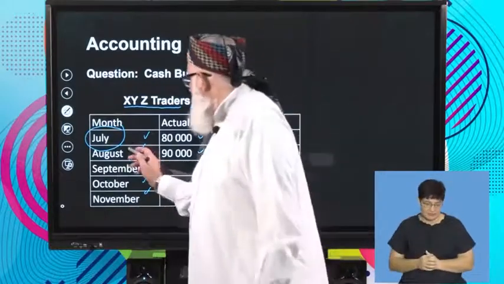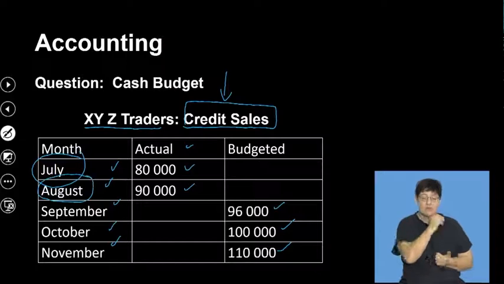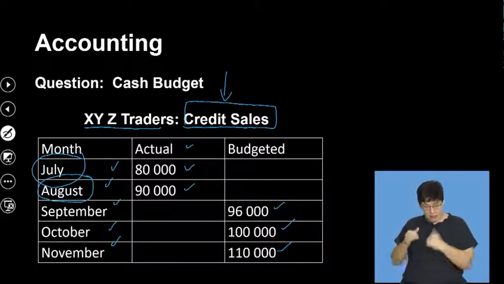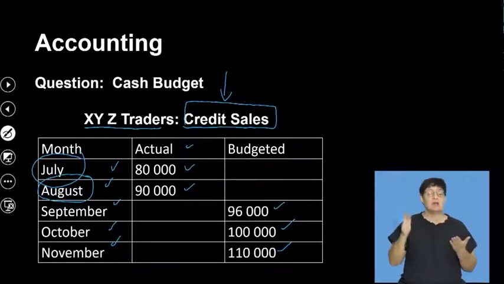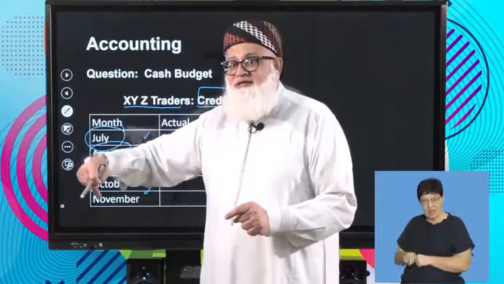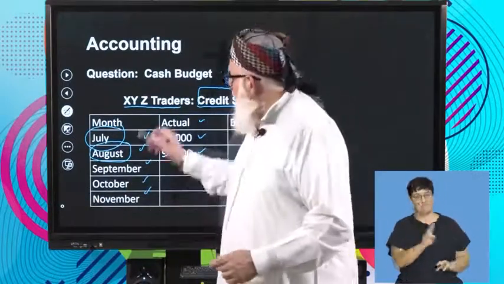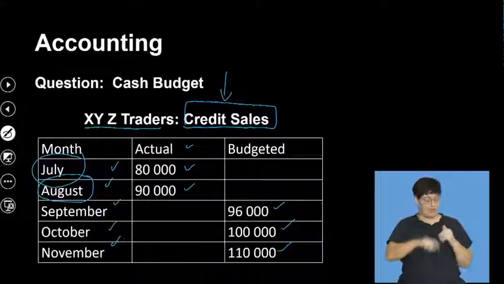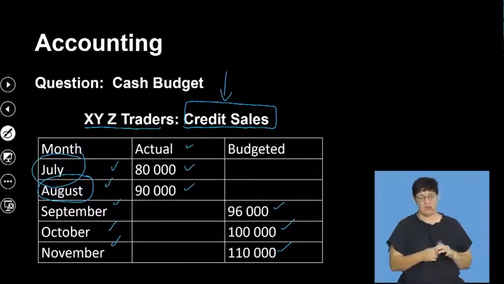For example, look at August. Will August impact on my budget? Yes. How? Some will pay me in August, the 50%. The 30% that will pay me in September is going to impact on my budget period. The 18% that will pay me in October is going to impact on my budget period.